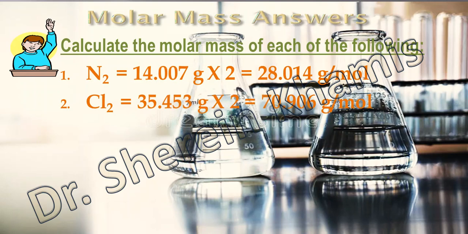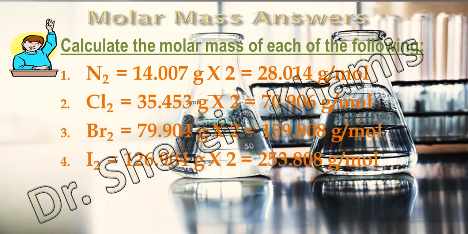The other one, chlorine Cl2, its atomic mass is 35.453 times 2. It will give a molar mass of 70.906 gram per mole. Also, bromine Br2. We take the atomic mass 79.904 times 2.